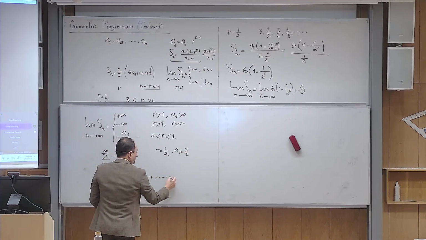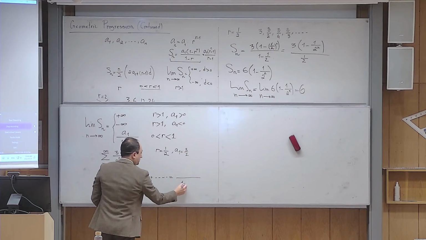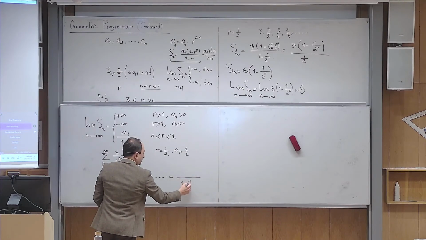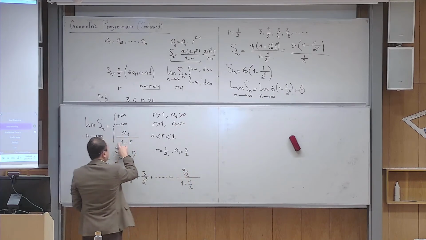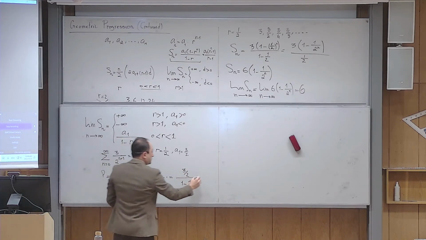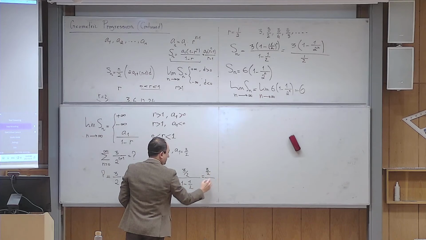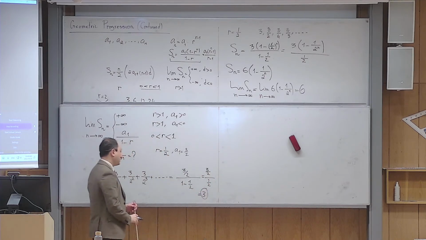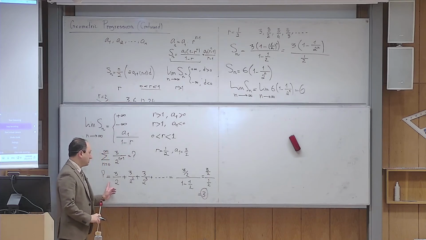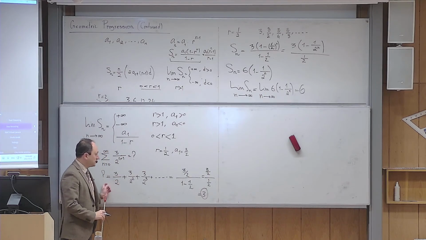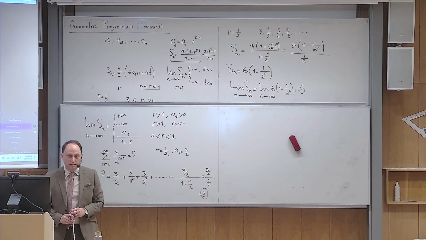So then you write that in front: 1 minus r in the denominator, and the numerator is a1. So it becomes 3 over 2 divided by 1 over 2, and you simplify it, it becomes 3. That is interesting. So it means that if you are patient, of course this is not possible, if you add all these terms, the answer that you will get is exactly 3.